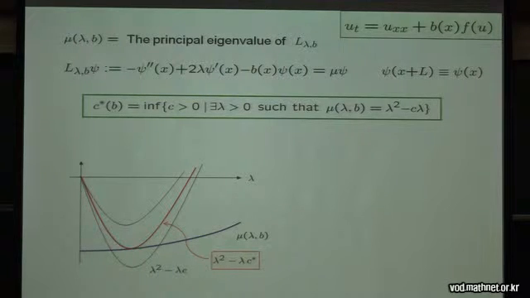So they computed first mu of lambda B, and then computed C star. And this function B is this, so it depends on L. So they varied L. This and this and this. Which one gives the faster speed?